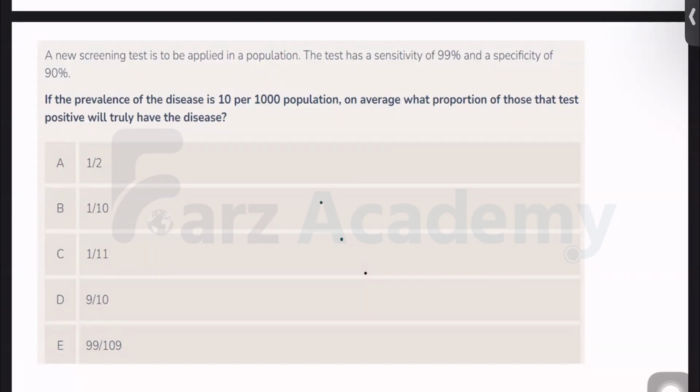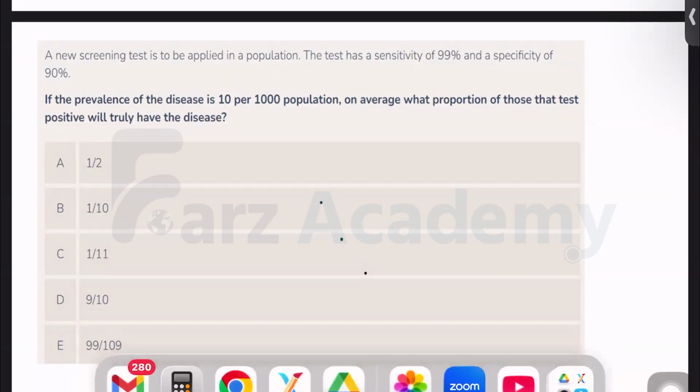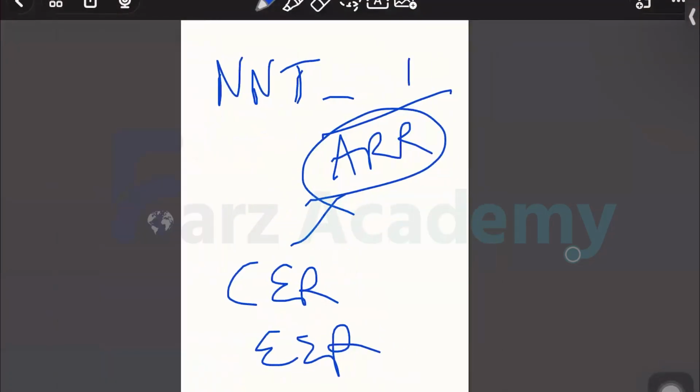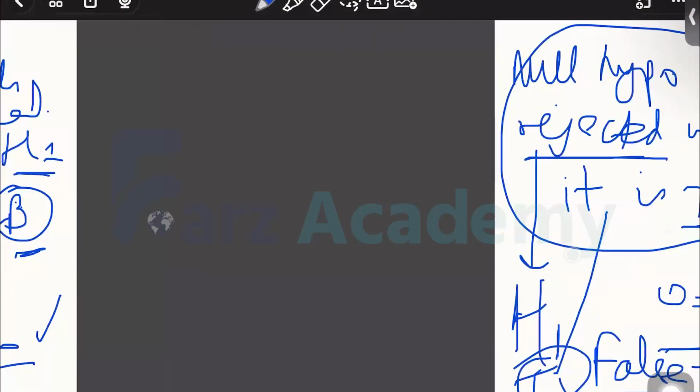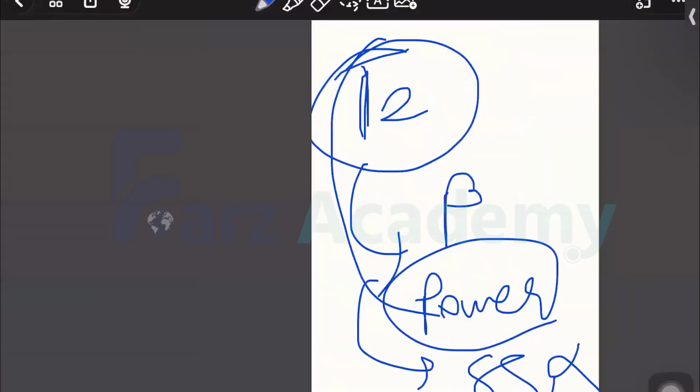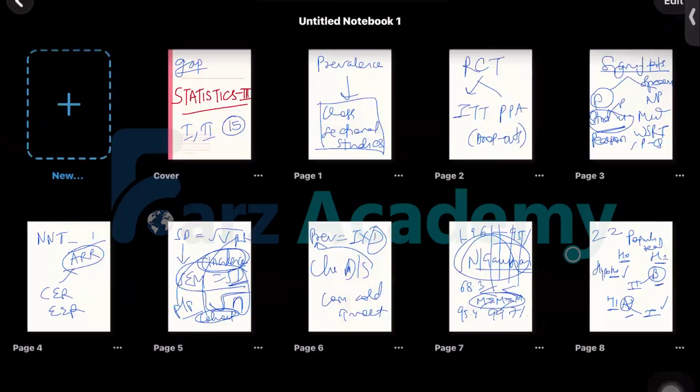So how many are diseased here? 10. So sensitivity is 99, specificity 90, prevalence 10. So how many are diseased? 10.